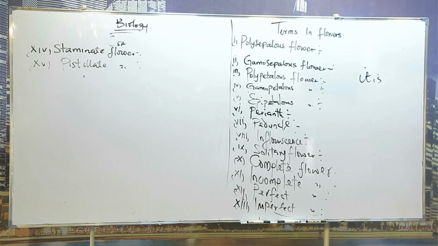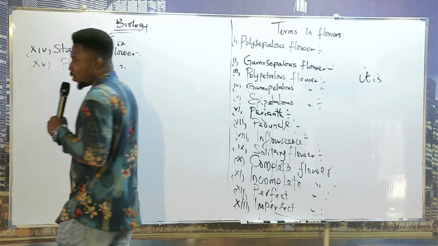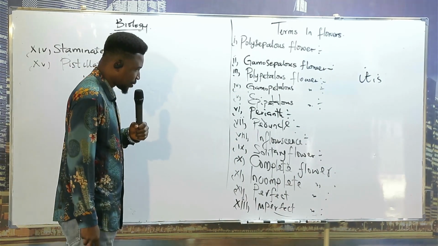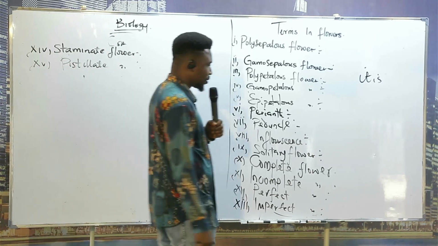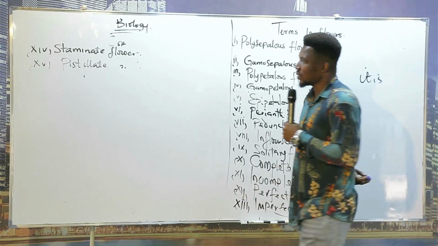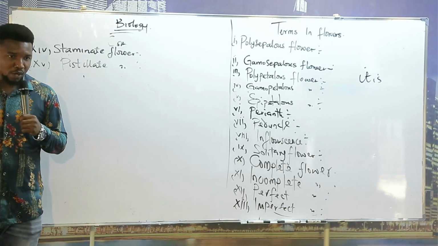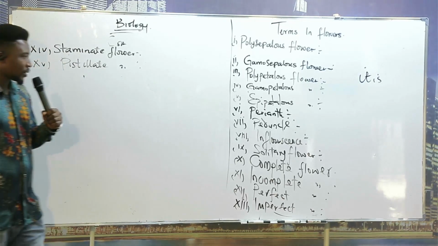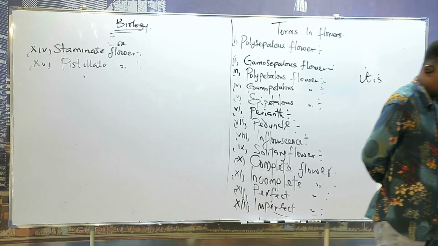Examples are the staminate flower and the pistillate flower.